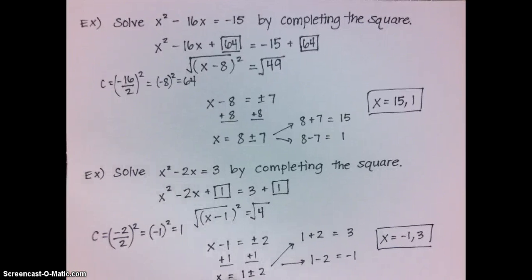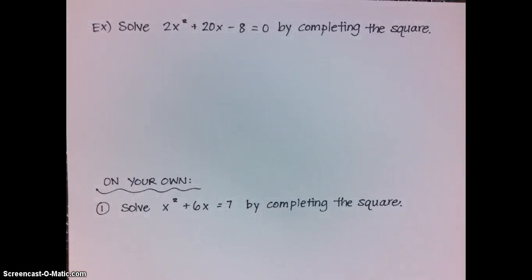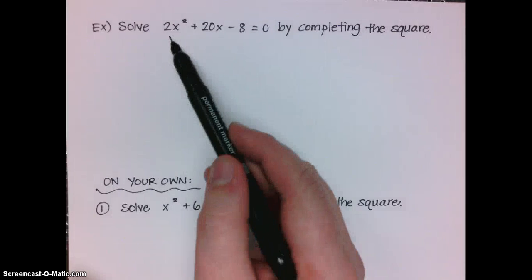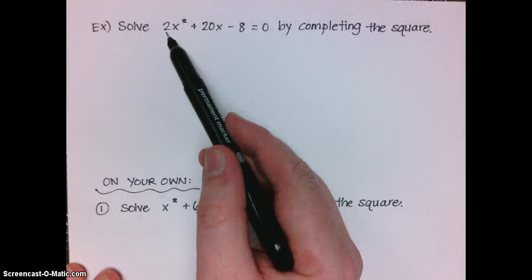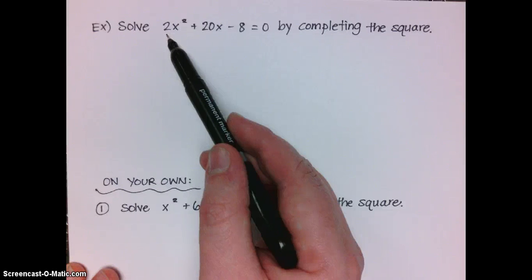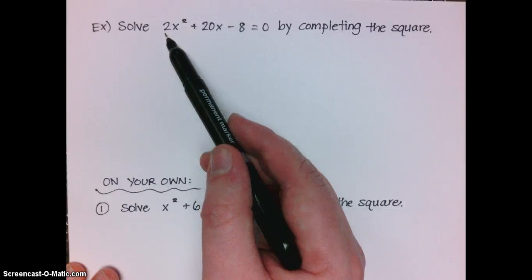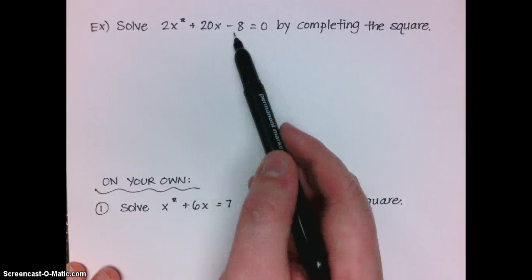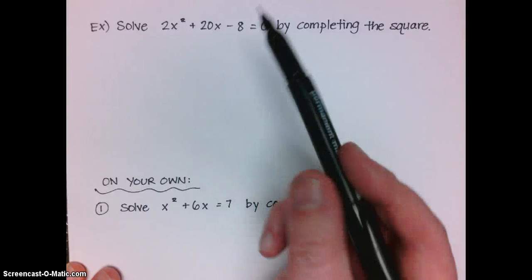Let's do one more example now. This looks a little bit more complicated because I have this ugly 2 at the very beginning as a coefficient. I know you guys didn't like this before, but I'm going to show you in this case it's actually very, very simple. First, I need to move this 8 to the other side.